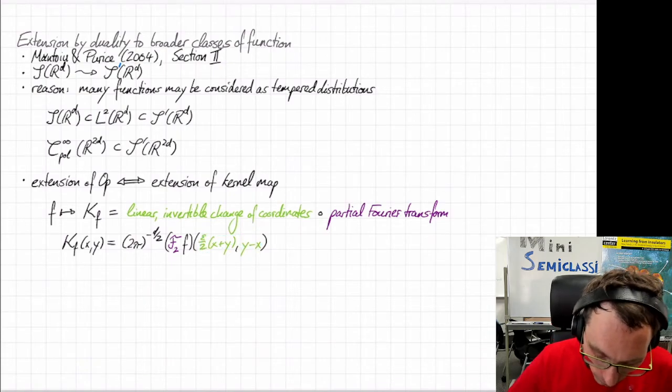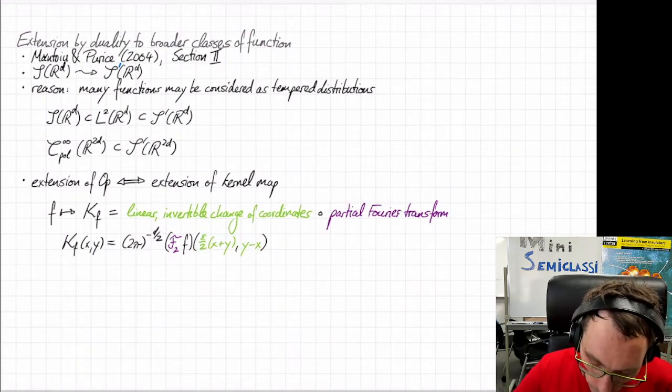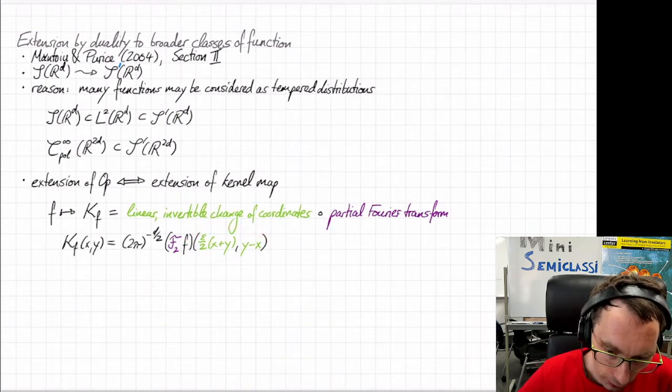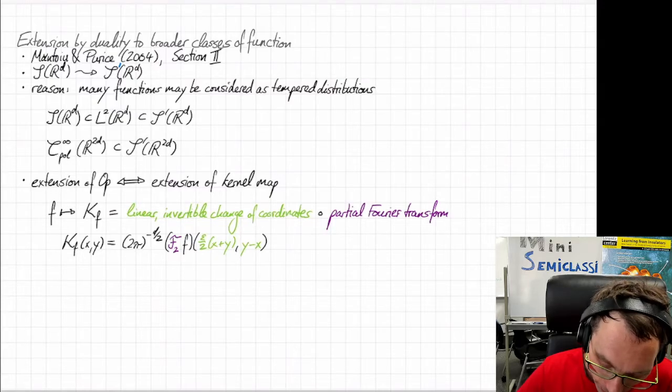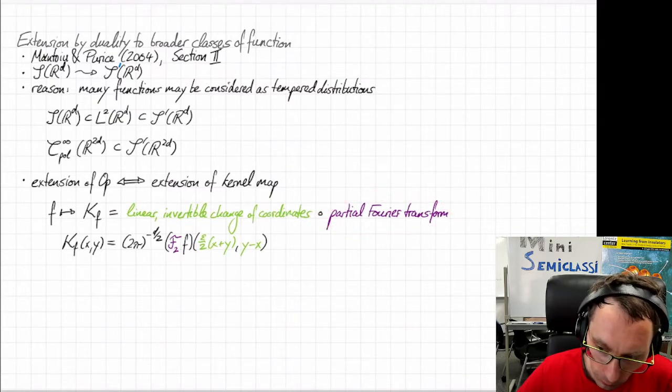So it is clear that invertible linear changes of coordinates extend to tempered distributions, and partial Fourier transforms do as well.